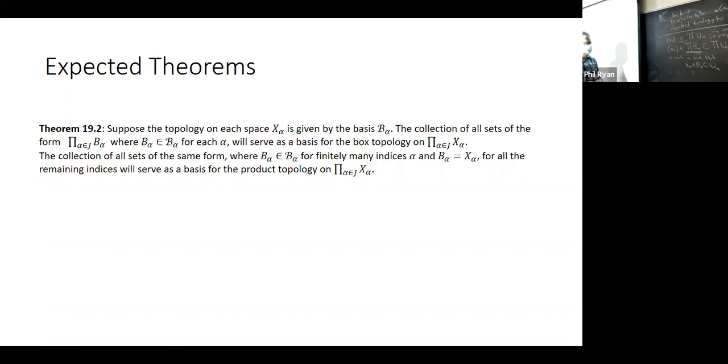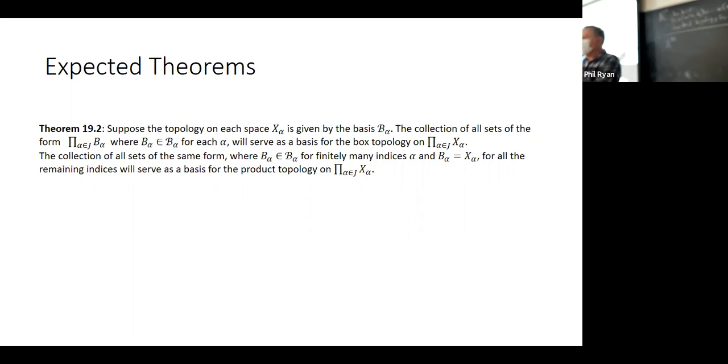And it even gives us a topology for an infinite product space, so Z plus, I guess we could call that omega. In the box topology, it's any infinite prism, whereas in the product topology, it's only finitely many open intervals.